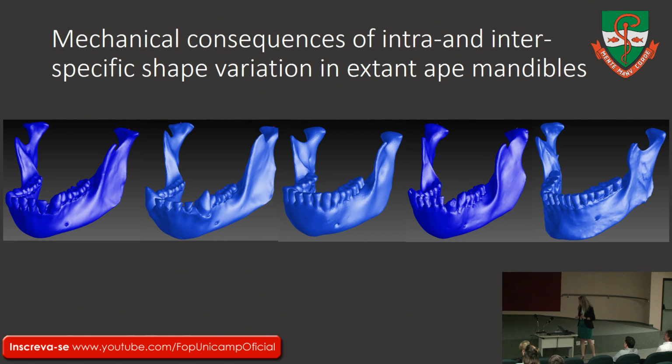So I'm currently working on building this data set with specimens from Pan, Pongo, Homo, and Gorilla. But the work that I'm going to be talking about today is going to just focus on the chimpanzees. So here you can see some of the completed FE models that I've been working on. We have Pan on the left and Pongo in the center and one modern human on the right. They're not to scale here.